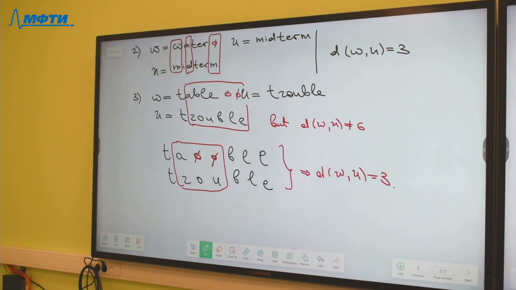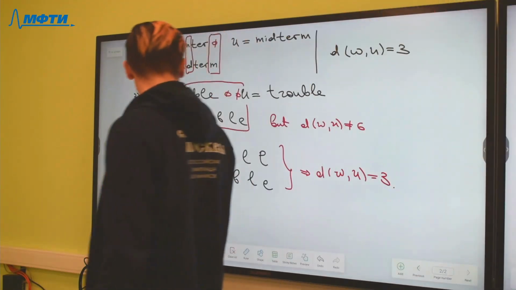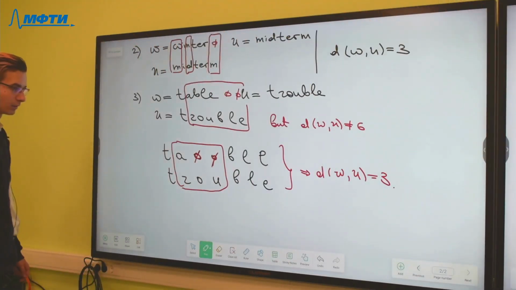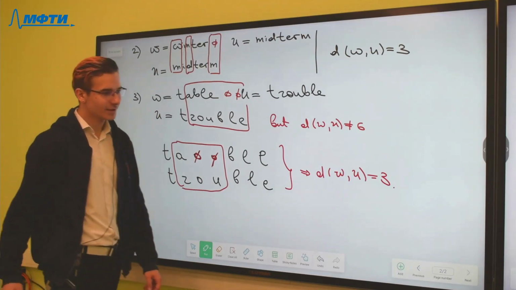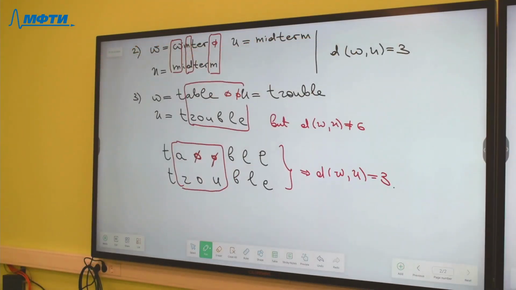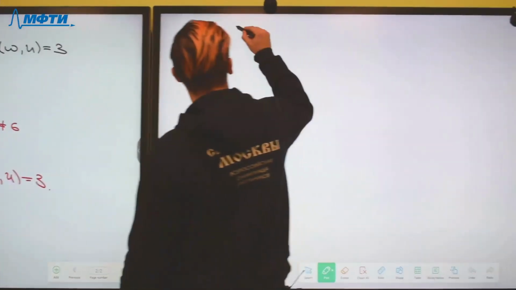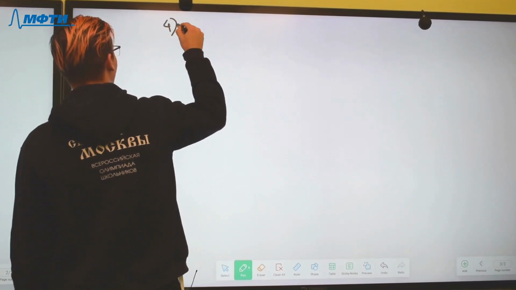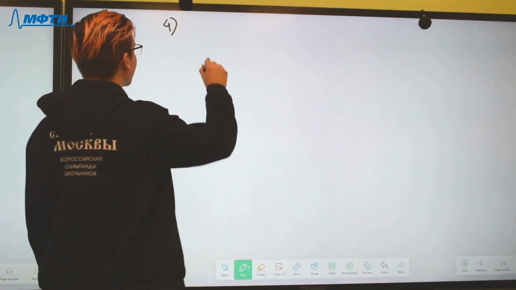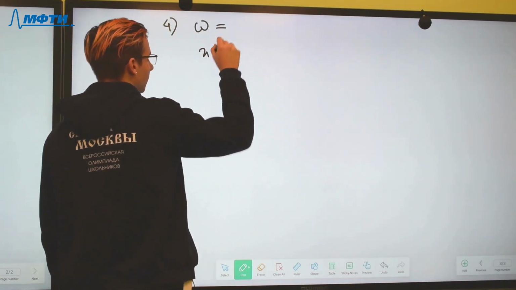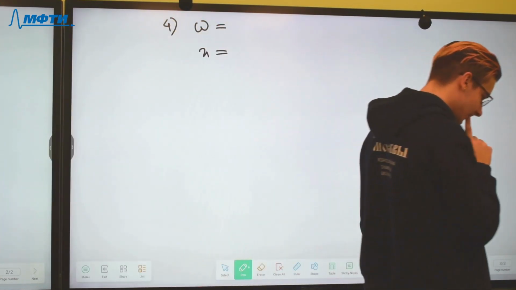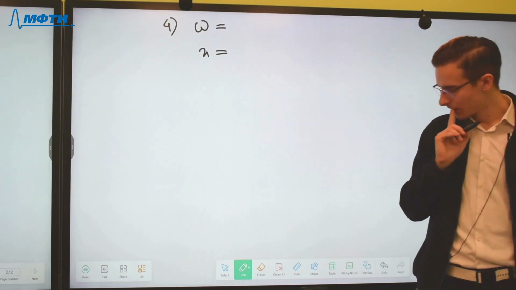And maybe to make sense, because the second one is longer than the first one, so I need to make a fourth example, I think. Fourth example with two words.